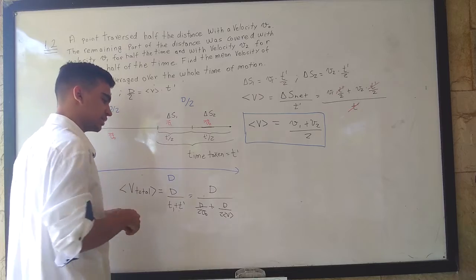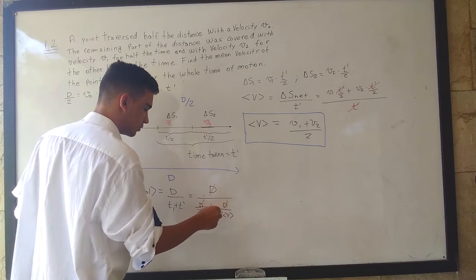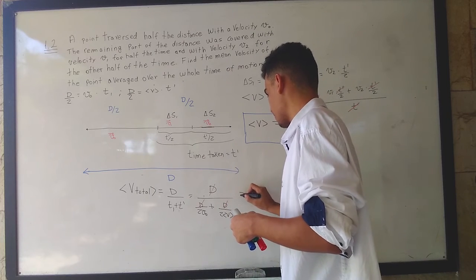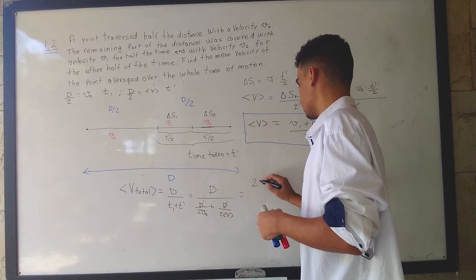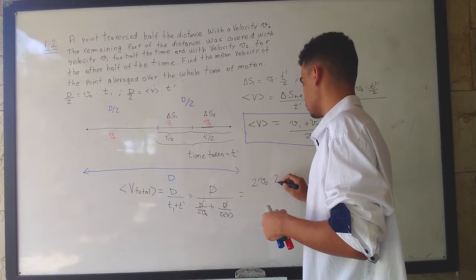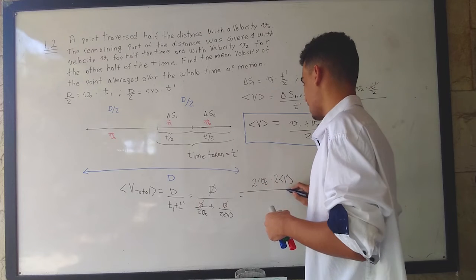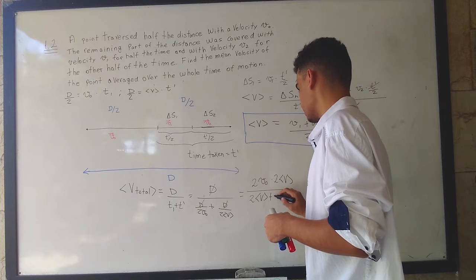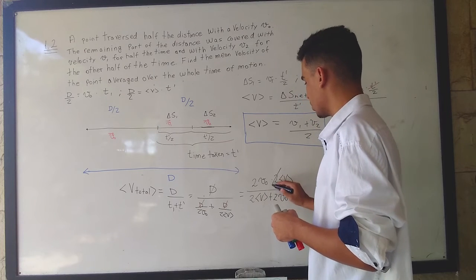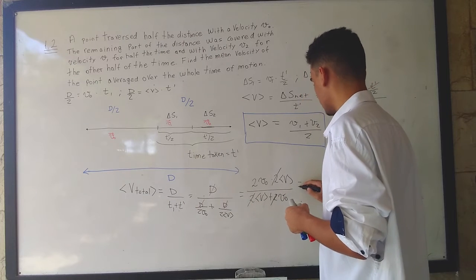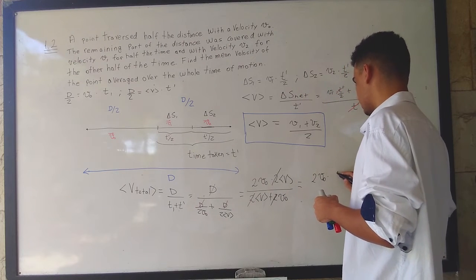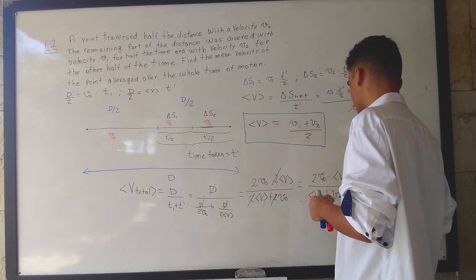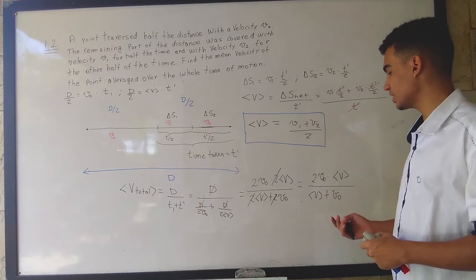As you can see, the D cancels out, and we have that this is equal to 2 V0 times 2 V average divided by 2 V average plus 2 V0. One of the twos cancels out, and we have 2 V0 times V average divided by V average plus V0.